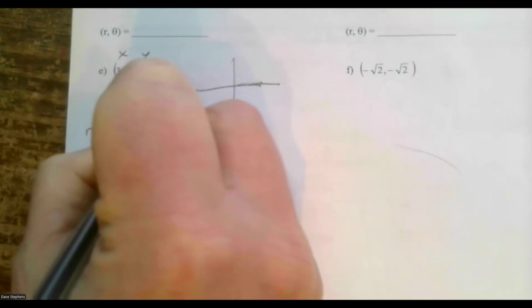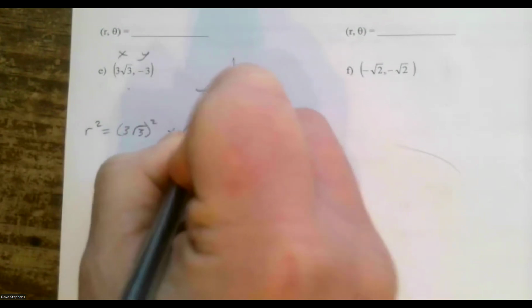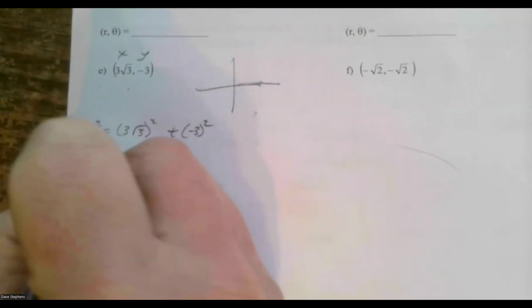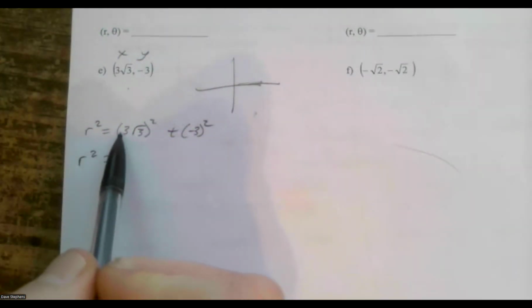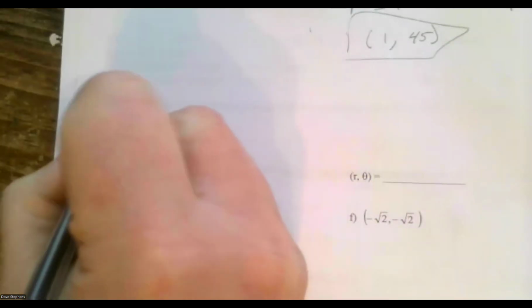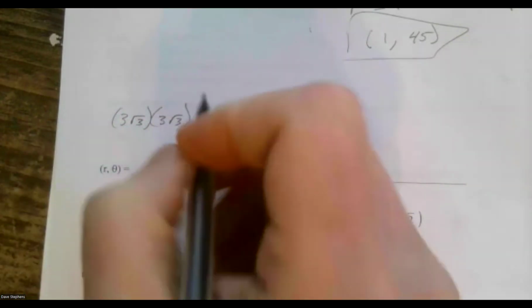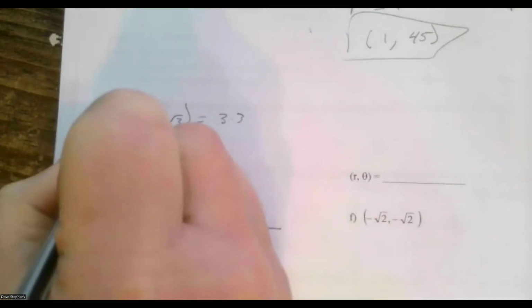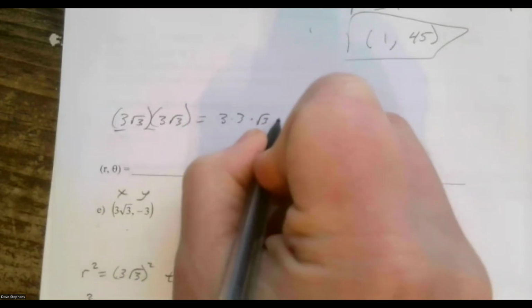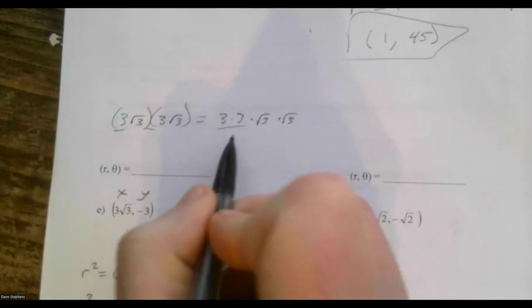We know that r squared is equal to x squared plus y squared. So our r squared value: 3 root 3, when I square that, that's 3 times 3 times root 3 times root 3. 3 squared is 9.